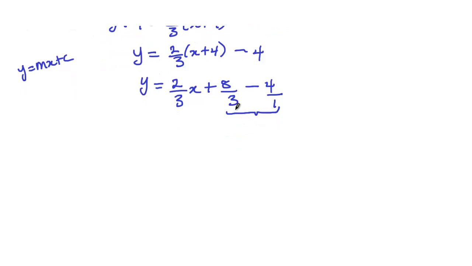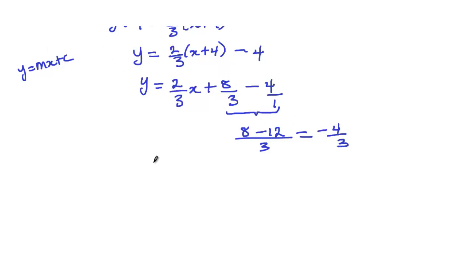The slope is already extracted. So the LCM here will be 3. 3 and 3, 1 times 8, that is 8. Then 1 in 3, 3 times minus 4, that is minus 12. So this will reduce to 8 minus 12. That will give us minus 4 over 3. So the whole of this, I will replace with minus 4 over 3.